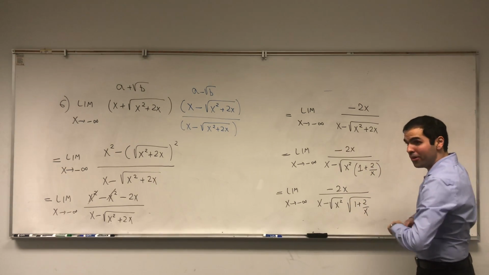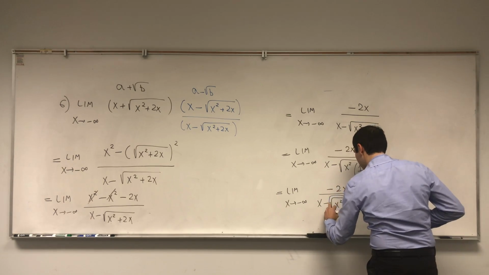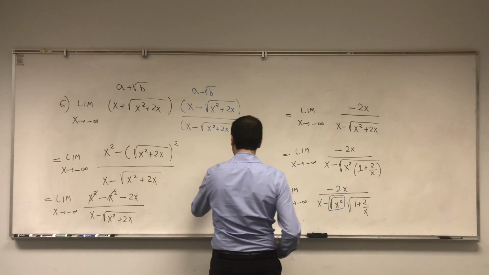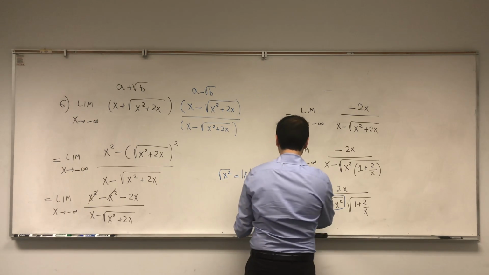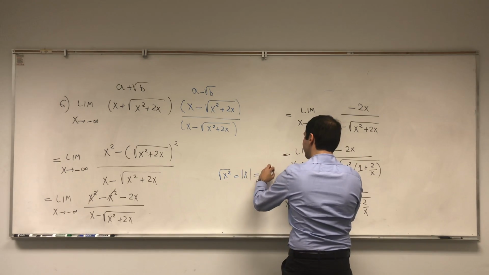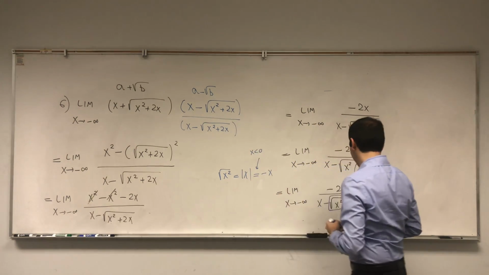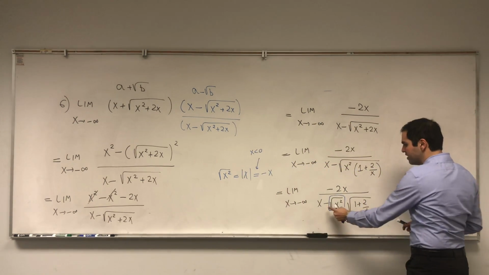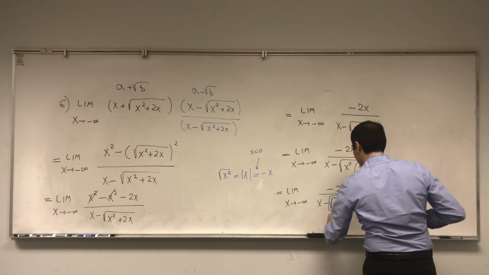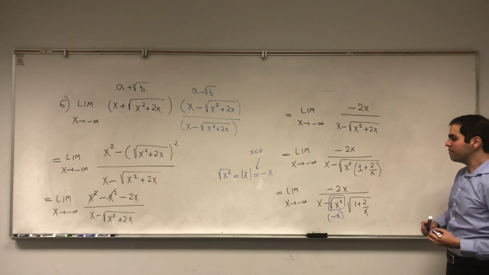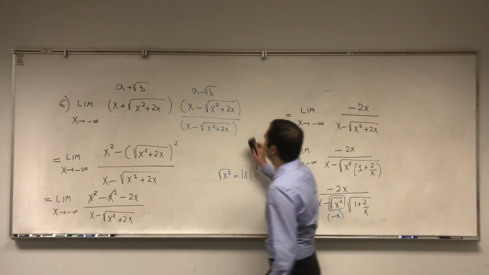But now remember, same thing as before. Square root of x squared, this time is absolute value of x, which becomes minus x here, since x is negative. So in fact, this whole thing becomes minus x. So in the end, we get minus x, which becomes plus x.